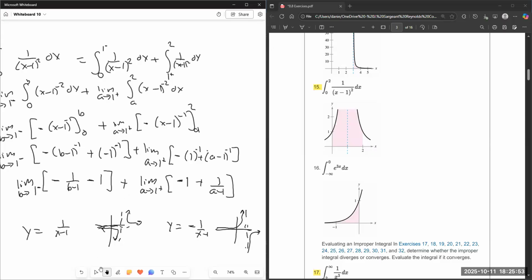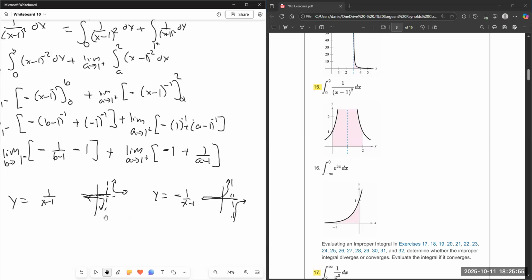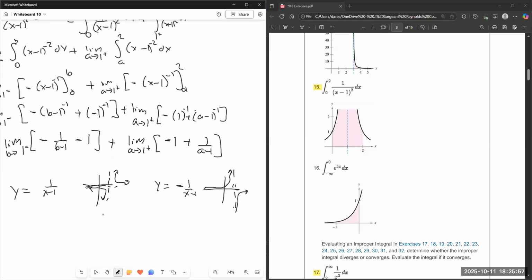Then the limit of this function as I approach 1 from the left is going to be positive infinity minus 1 plus a negative 1. And then looking at this one as I approach 1 from the right is also positive infinity. So this is approaching positive infinity, and this diverges.